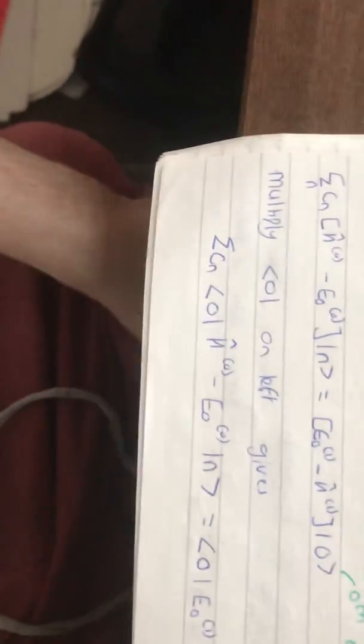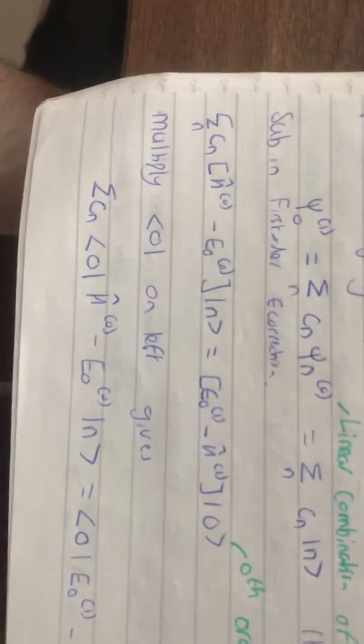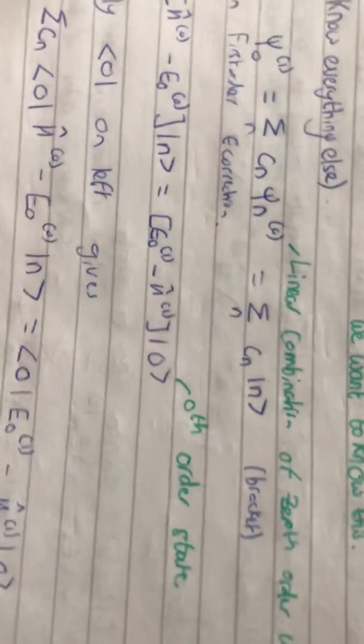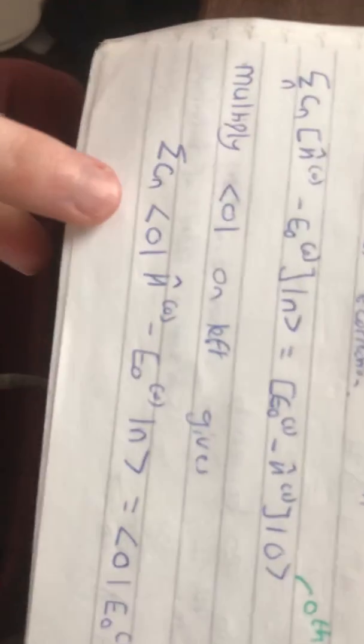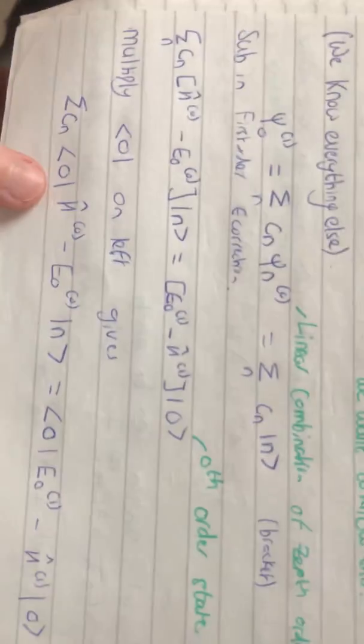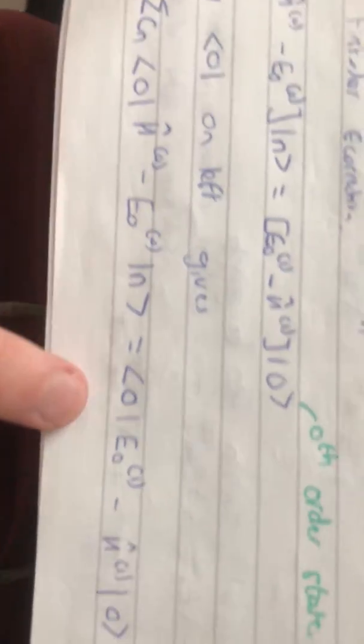And if we multiply on the left by this term here, the zeroth order state, it gives us the sum of the linear combination of these terms here. It's not very pretty.